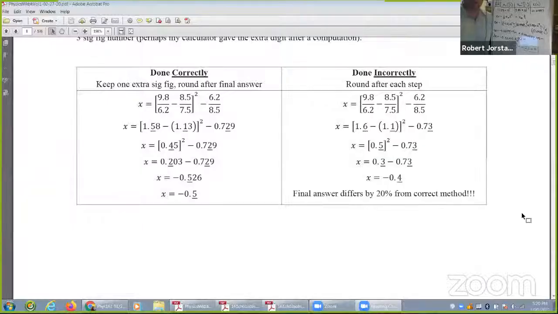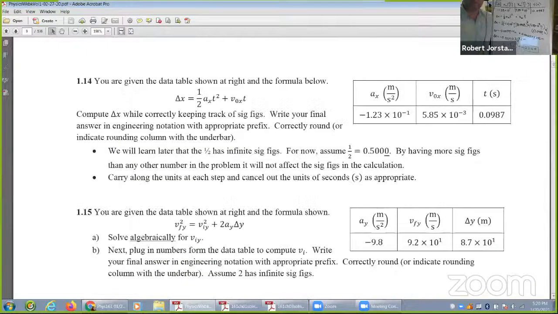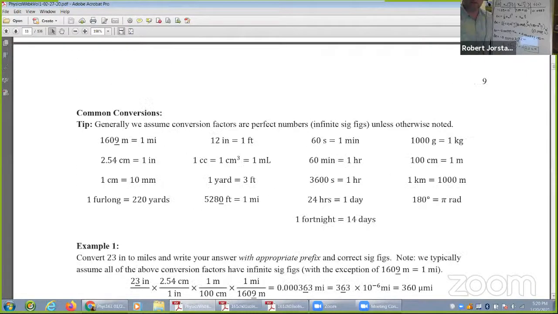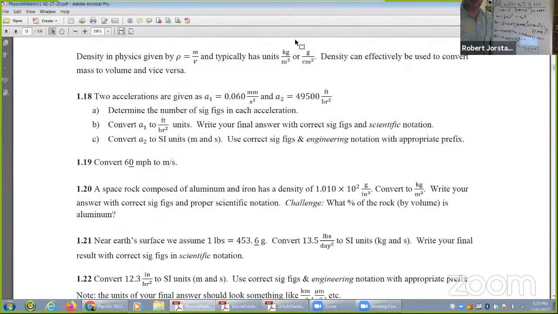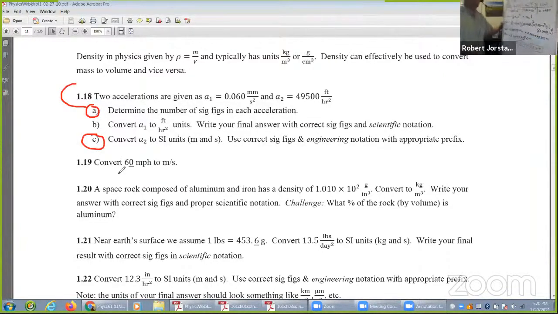All right, so we got about 35 minutes. So let's keep cruising along and then we'll take a break and then we'll come back and do the online activity. Let's look at 1.18 and let's do parts A and C. So while I'm erasing the board, you guys kind of look at that and I'll get warmed up, okay?